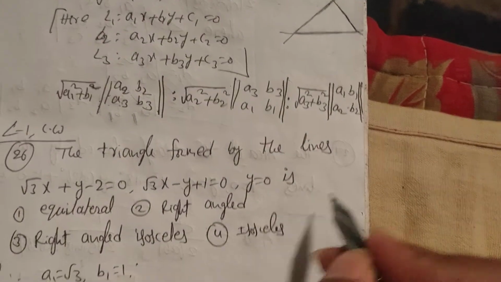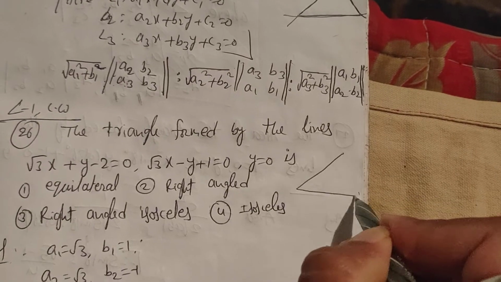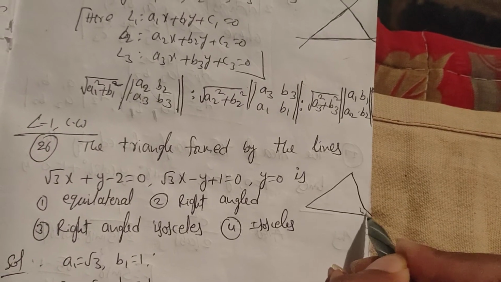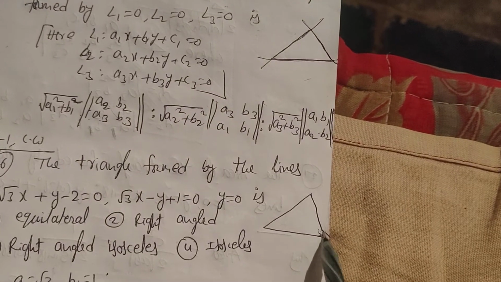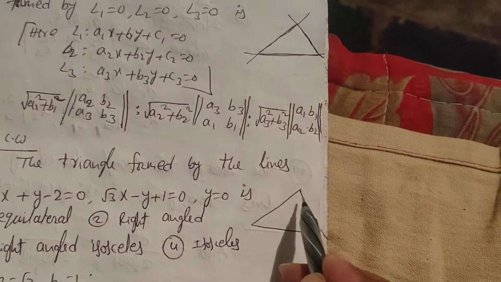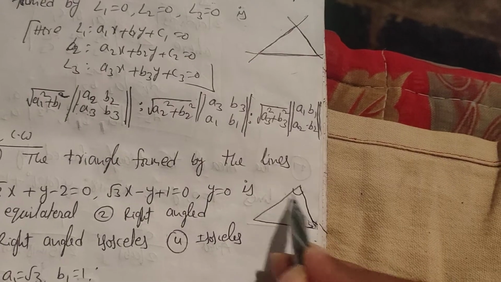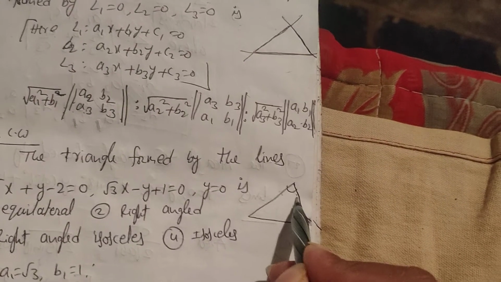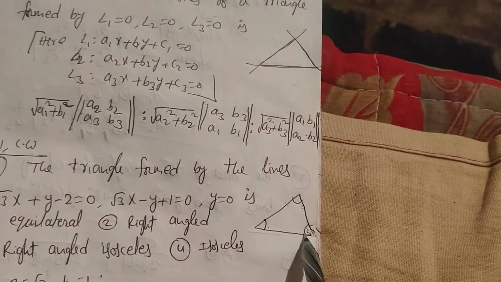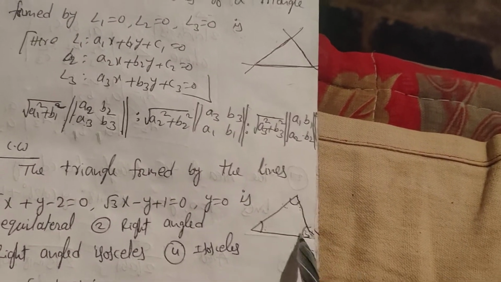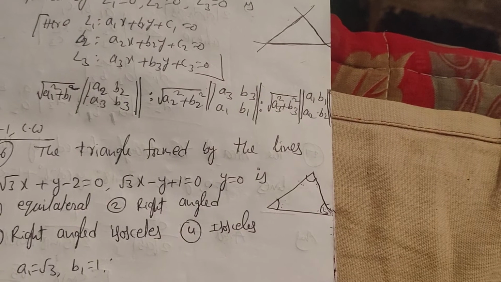For the triangle formed by these three lines, we can go in two methods. I am explaining one method, the remaining method you can do. You can find the angles between two lines: first line and second line, and the angle between the other pairs of lines. If you get all angles equal to 60 degrees, that is an equilateral triangle.